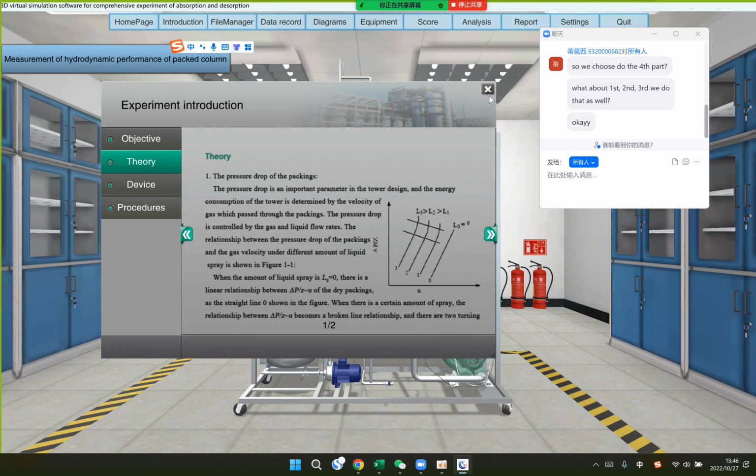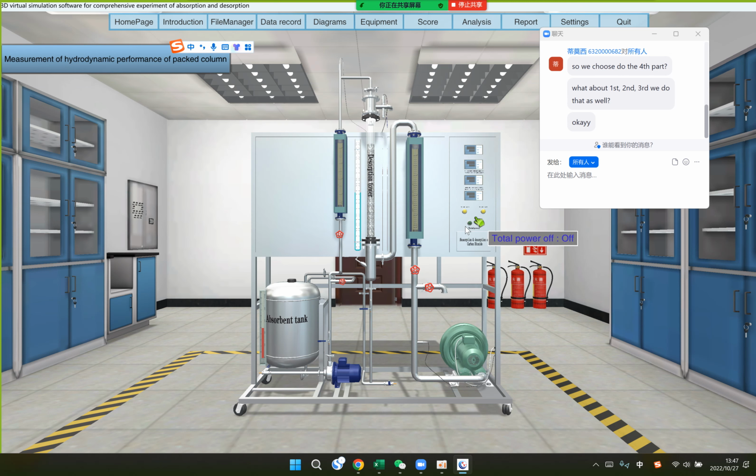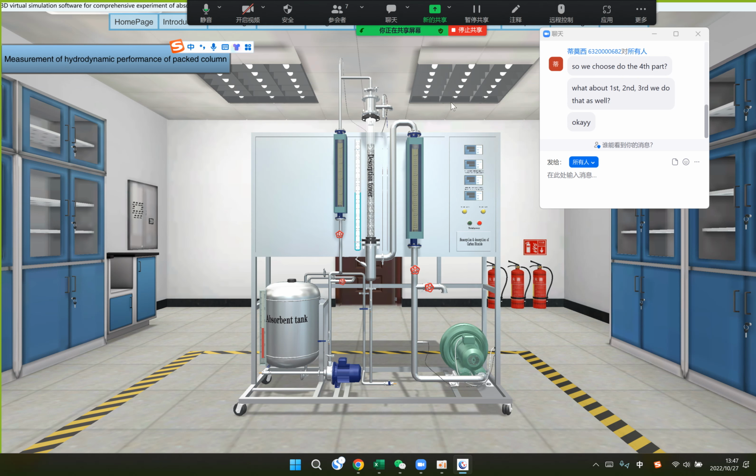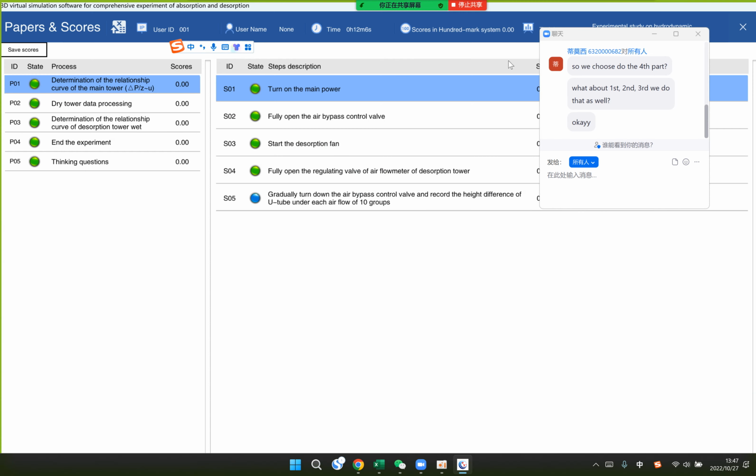So in this case, we have to do the hydrodynamics performance experiment first, before we really do the absorption experiment for this tower. So how do we do that? We simply follow the steps in the script.